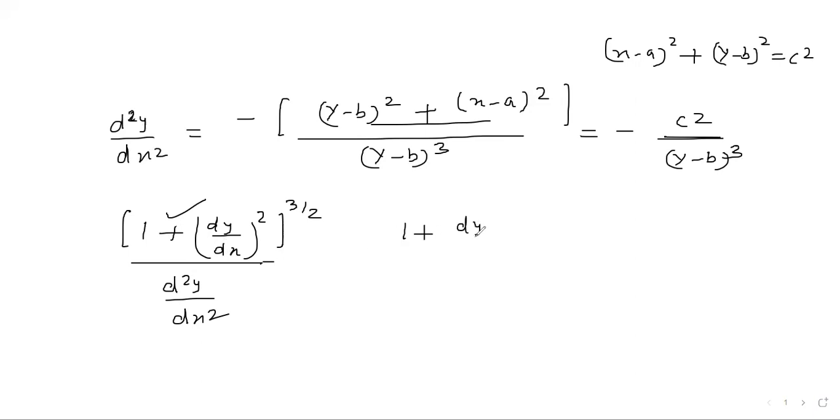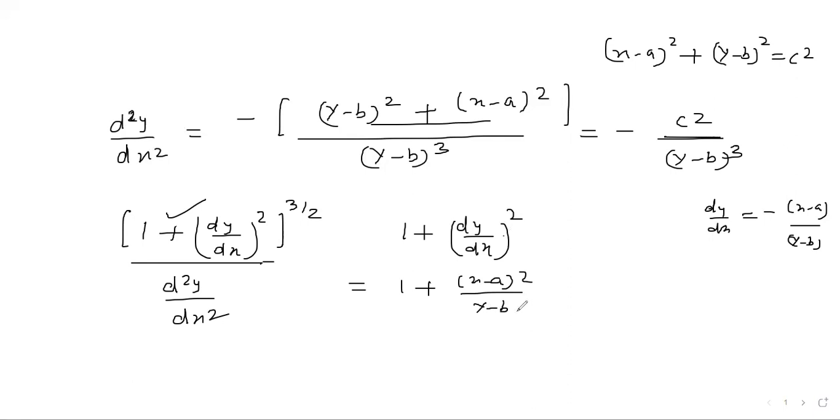1 plus (dy by dx) whole square. We put the values. We have got dy by dx equal to minus (x minus a) divided by (y minus b). So we put this value here. So we will get 1 plus (x minus a) whole square divided by (y minus b) whole square, or (y minus b) whole square plus (x minus a) whole square divided by (y minus b) whole square.